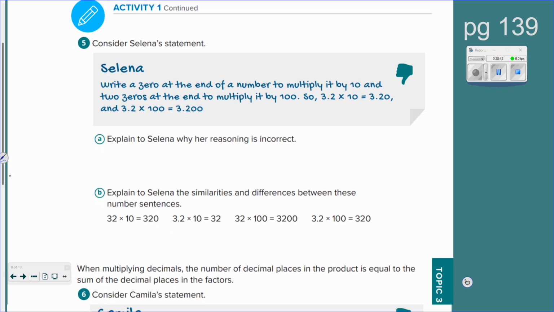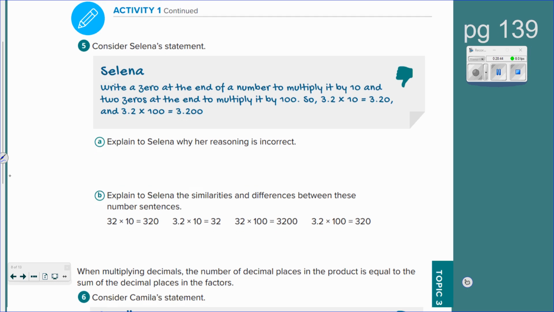Selena makes a statement. Does everybody agree? If I do 4 times 10, what does that equal? 40. So I just put a 0 at the end, right? What if I did 21 times 10? 210. What do I do? Put a 0 at the end. Everybody okay with that?